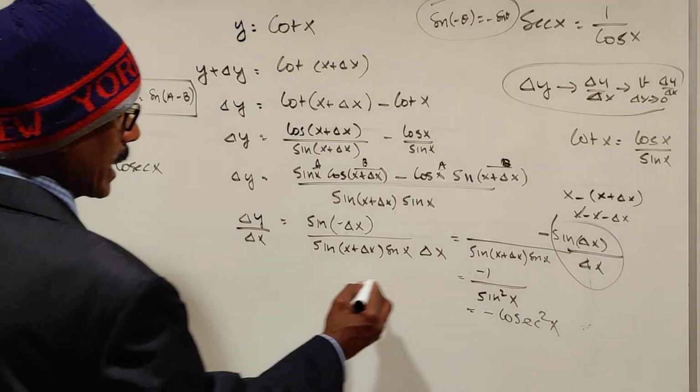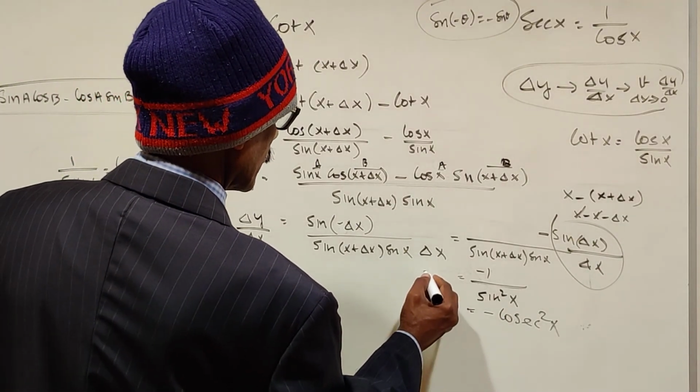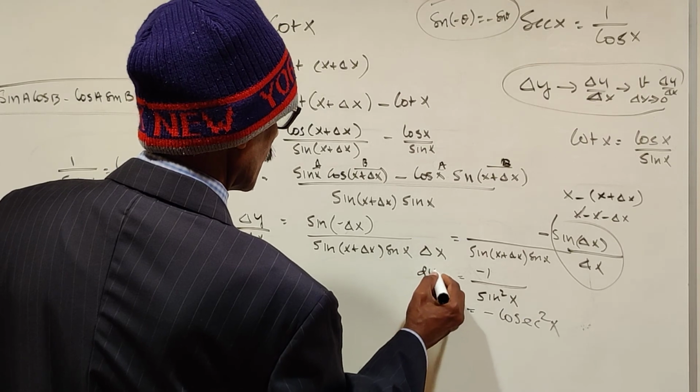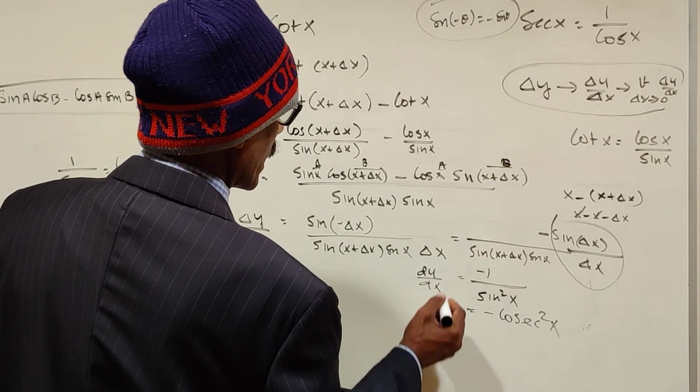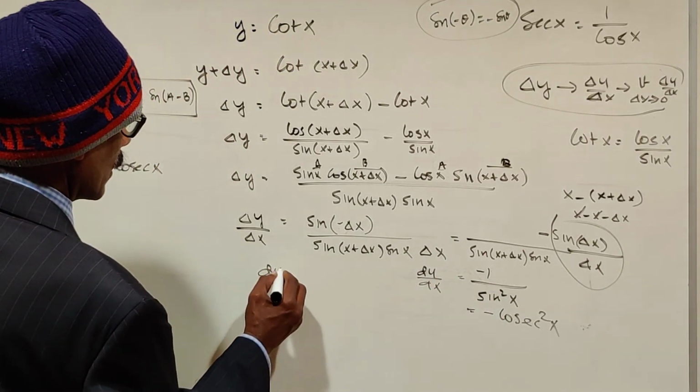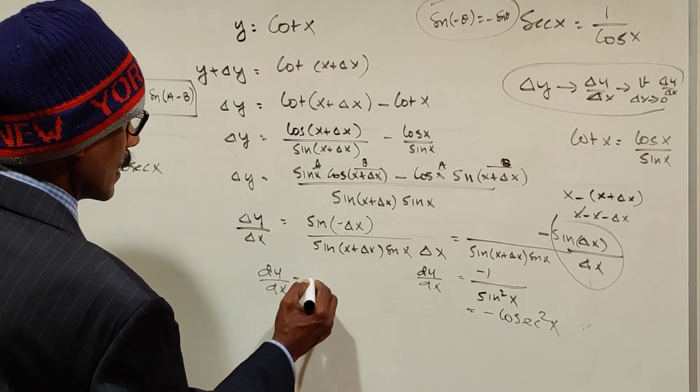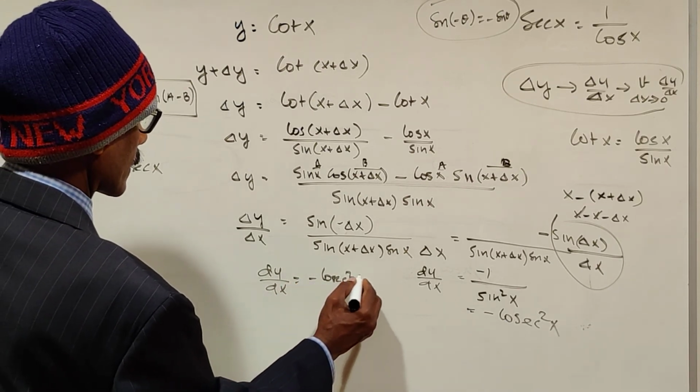So dy by dx equals minus cosec square x.